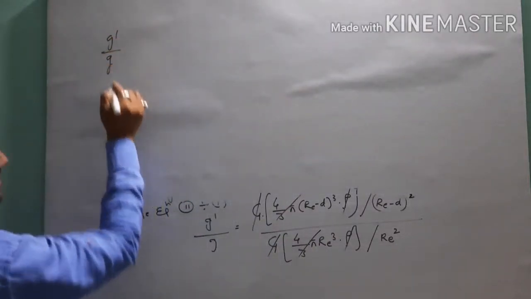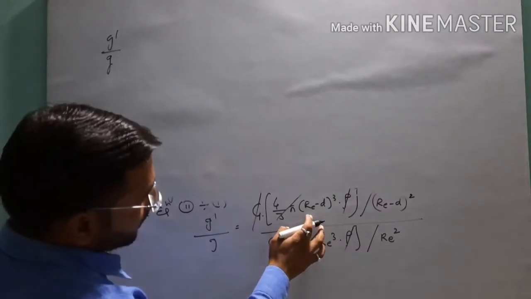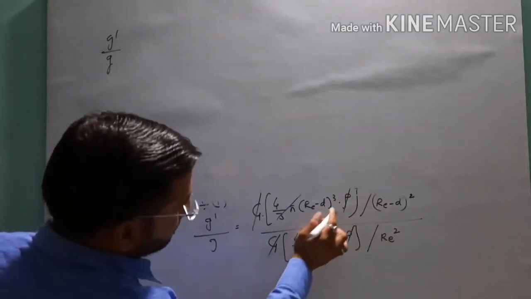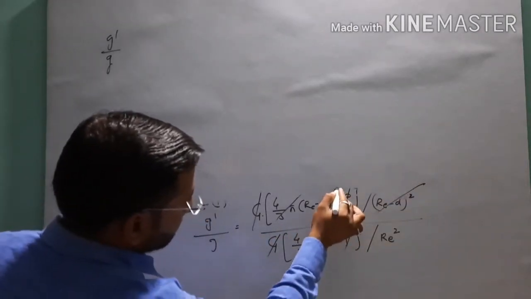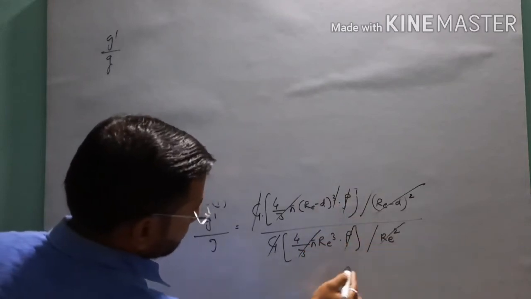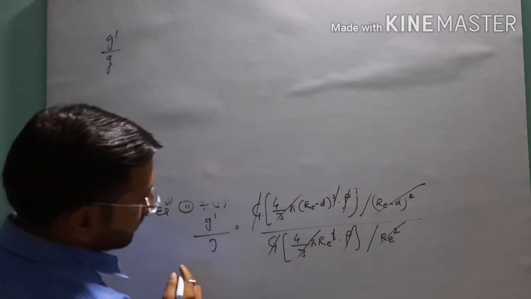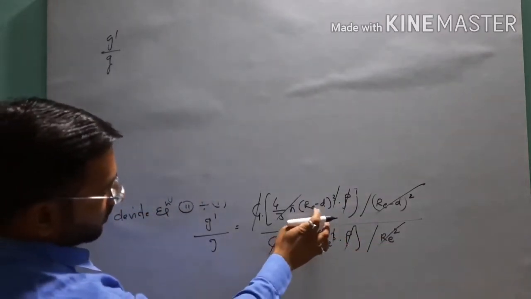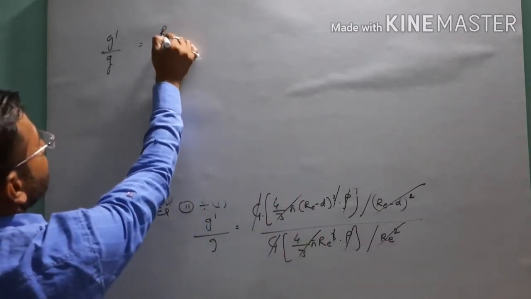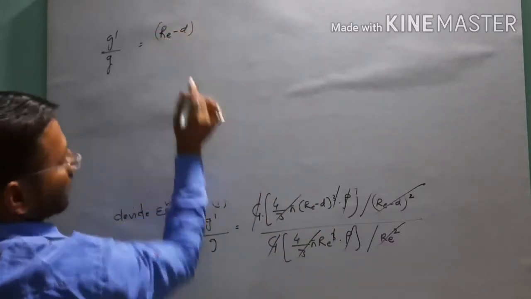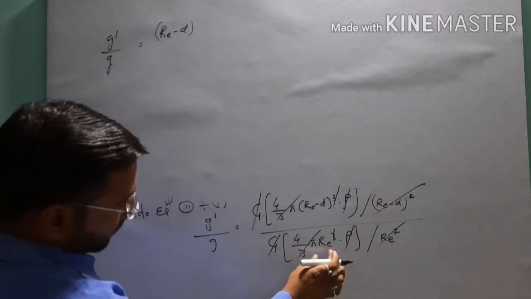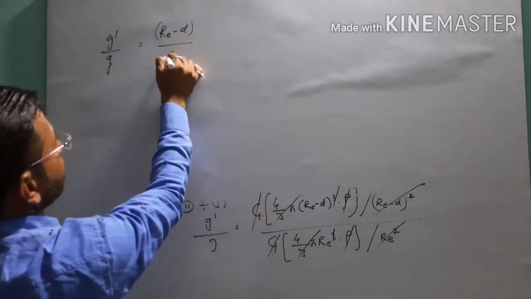g dash by g is equal to, see here, these values cancel. So we have the value Re minus d in the numerator and Re in the denominator.